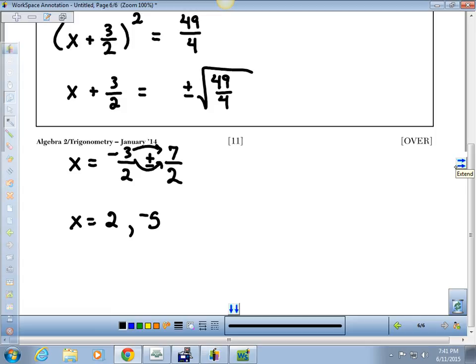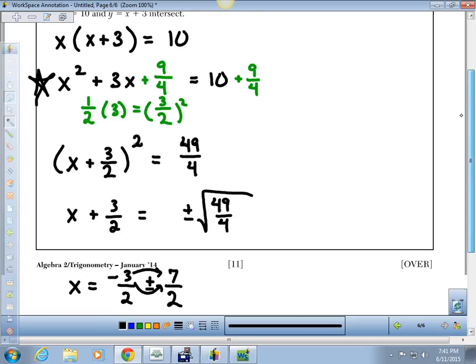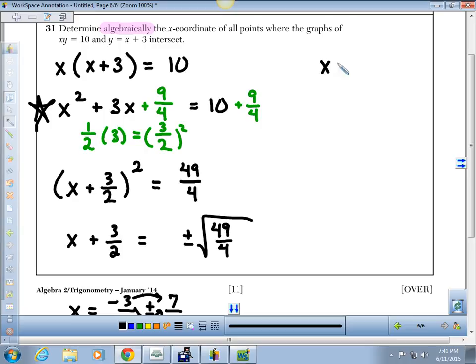So I've done the solve, I've subbed, I've solved. Now what am I doing? I'm substituting these numbers back into the other one. So when x equals 2, y equals 2 plus 3, which is 5.